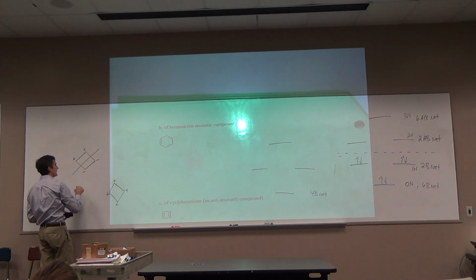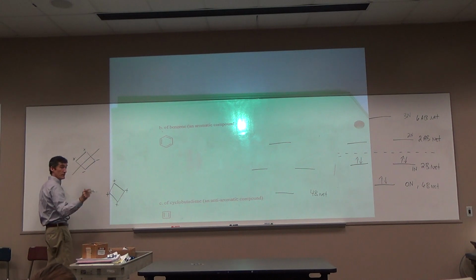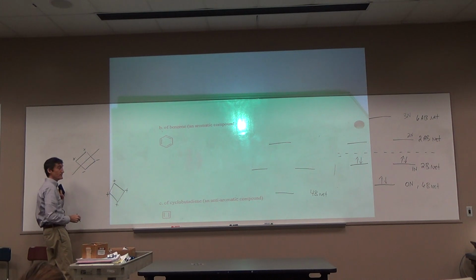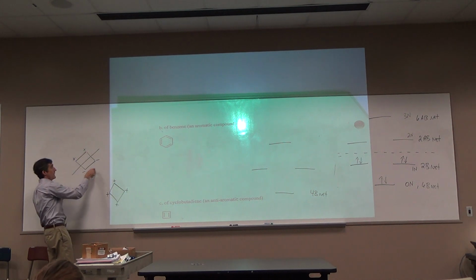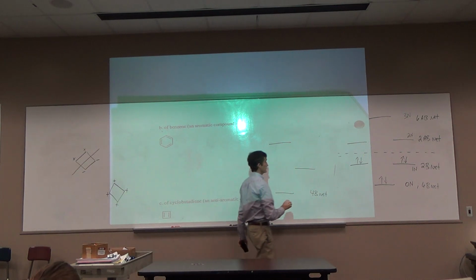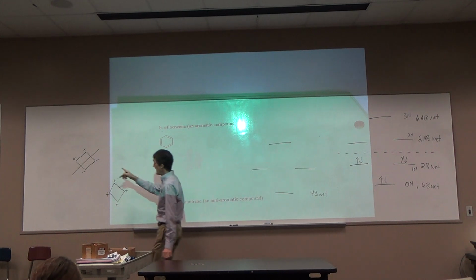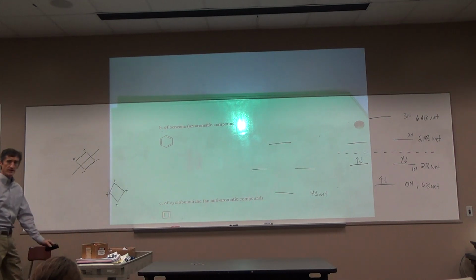Look at this. What's the net bonding here? 0. It's zero bonding net. Bonding, bonding, anti-bonding, anti-bonding. So, is this a bonding molecular orbital or an anti-bonding molecular orbital?